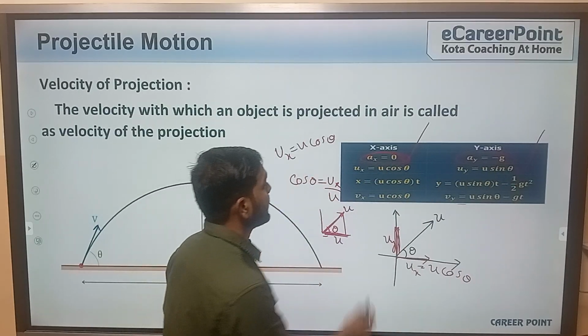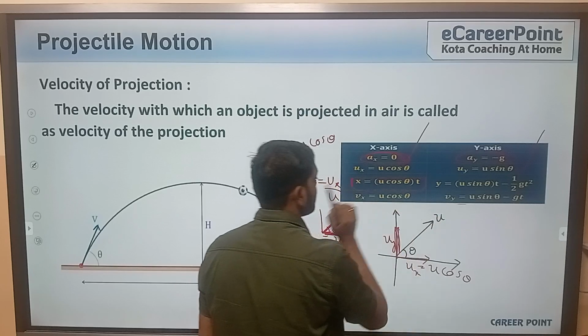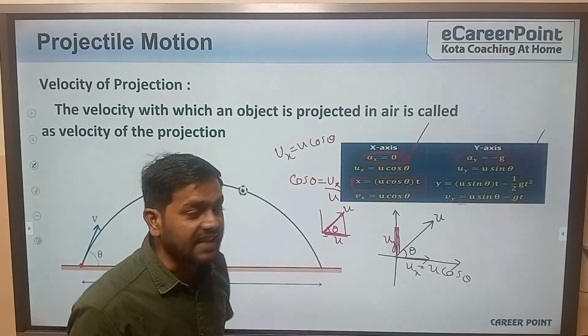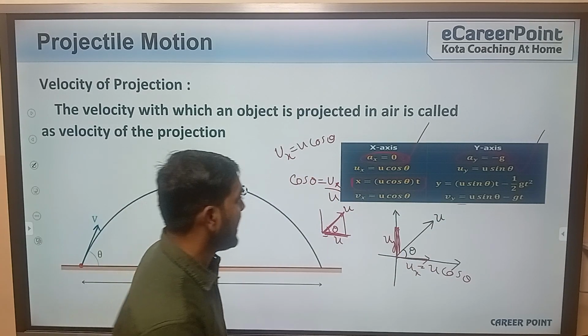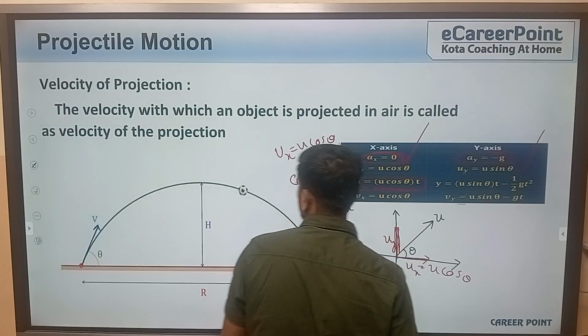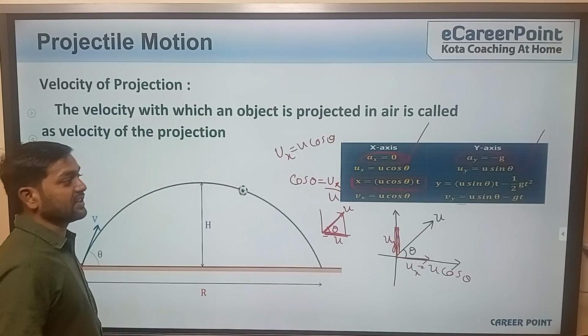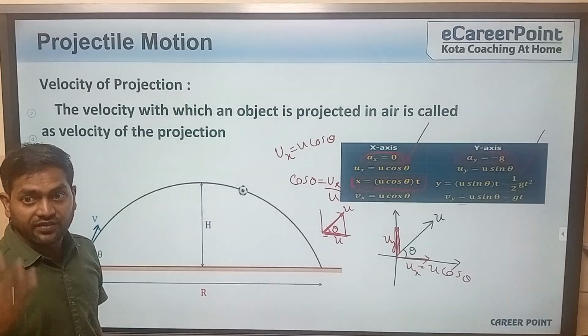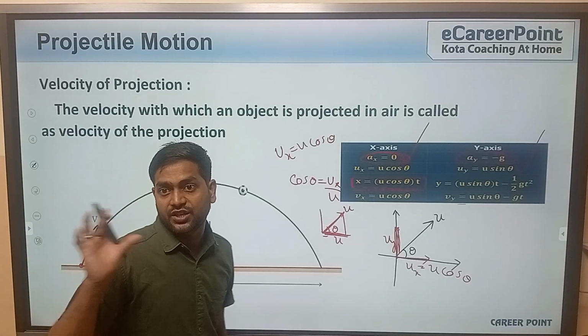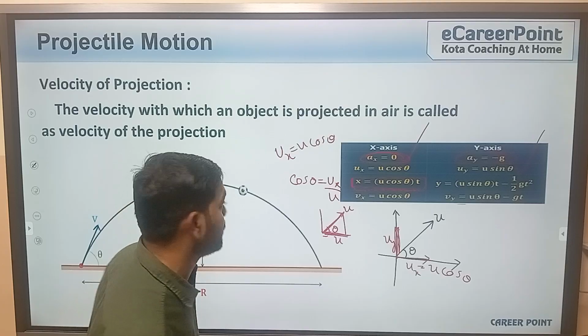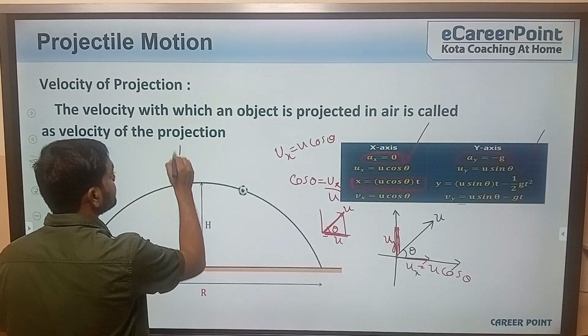So here we are having this x. x is the displacement. In the last class you have studied the equations of motion, three equations of motion where acceleration is constant. What are they?